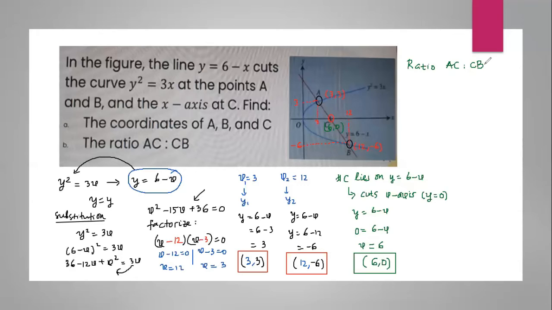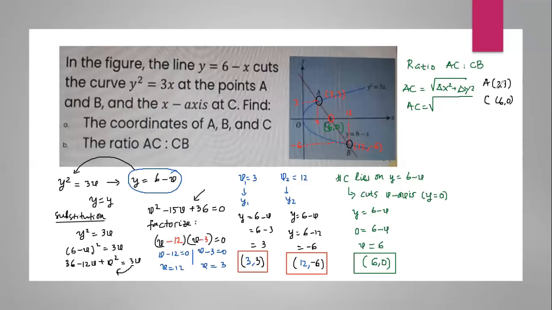You have to find the segment AC, which is the root of delta x squared plus delta y squared. A is 3 comma 3 and C is 6 comma 0.